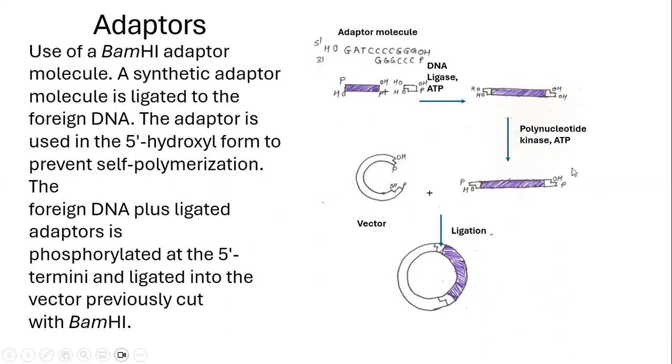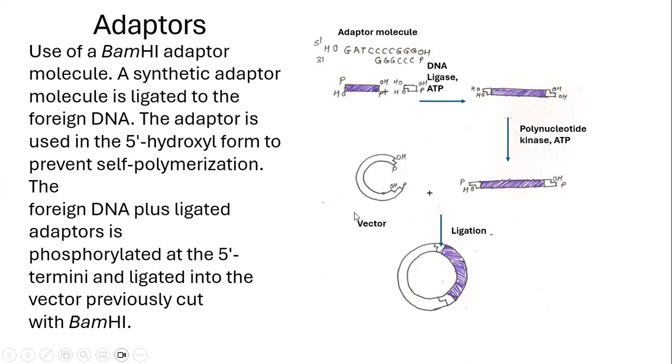Now we mix the insert molecule with the adapters, and adapters will be ligated at both ends of the insert molecule, giving it preformed sticky ends. Then we use the enzyme polynucleotide kinase, which will add a phosphate group at the 5' end, and now we will have phosphate at the 5' end and hydroxyl group at the 3' end.